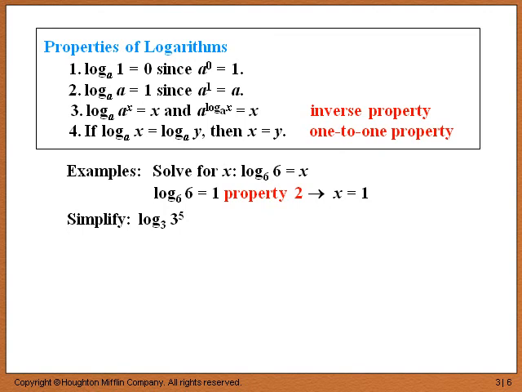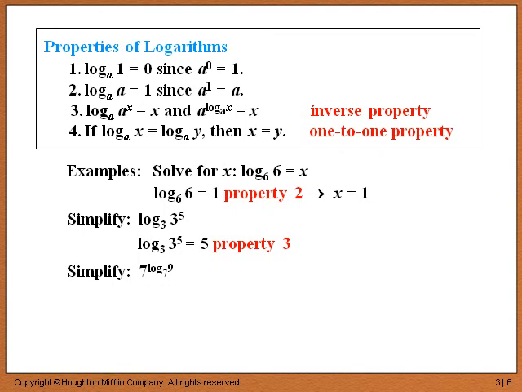How about this? Log base 3 of 3 to the 5th. We ask ourselves, what exponent do I have to raise 3 to, to get 3 to the 5th? Well, that becomes obvious, right? It's 5, and that uses property 3, the inverse property.